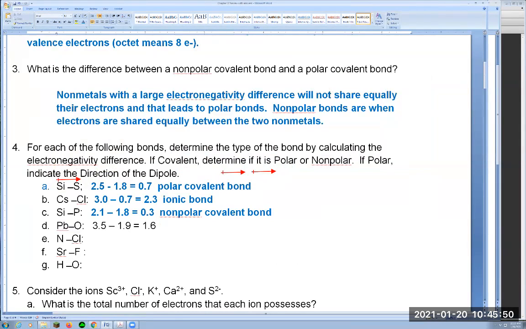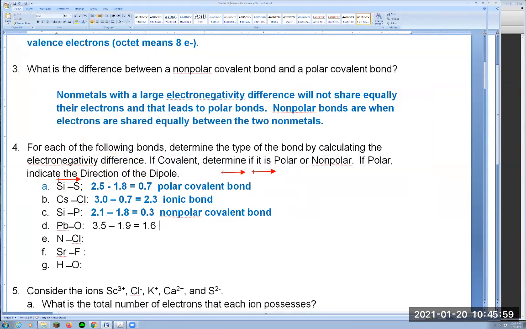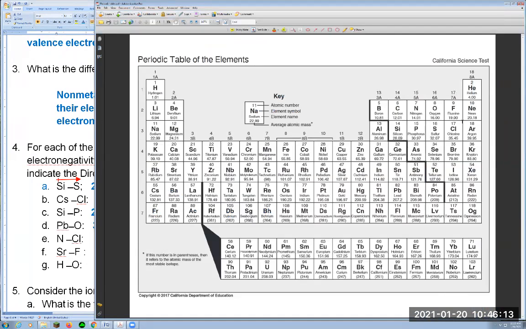That's a large value, but it's below 1.9, so it's considered a polar covalent bond. Let's look at the periodic table here.